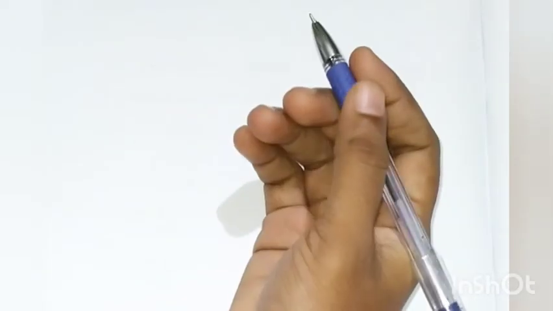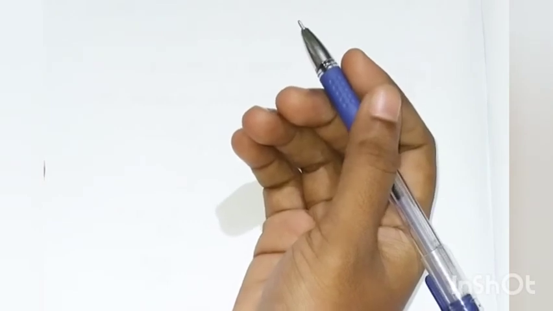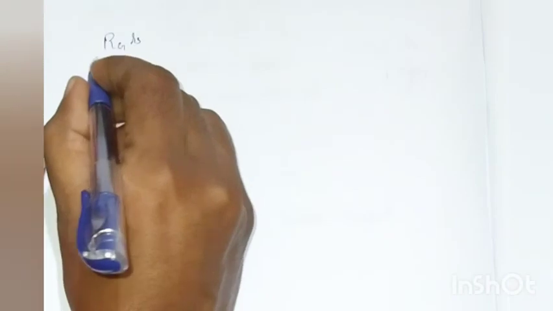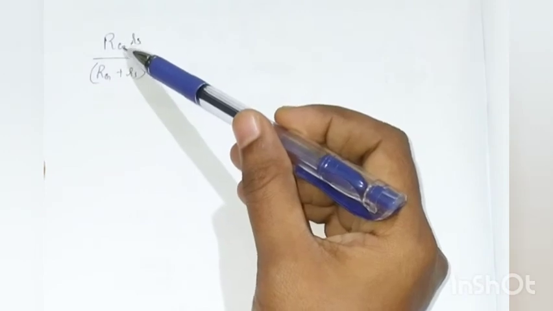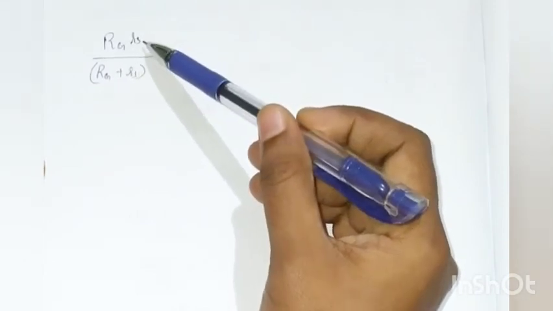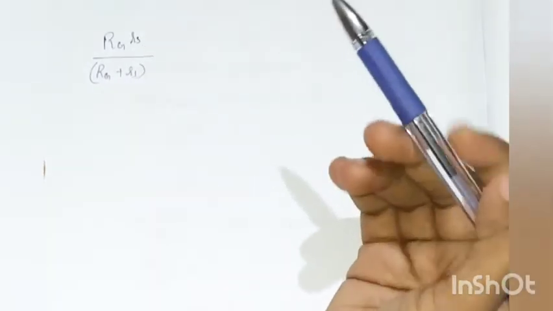So from the conversion of galvanometer to an ammeter, we get the resistance of the arrangement as Rg into Rs divided by Rg plus Rs, where Rg is the resistance of the galvanometer and small Rs is the shunt resistance.